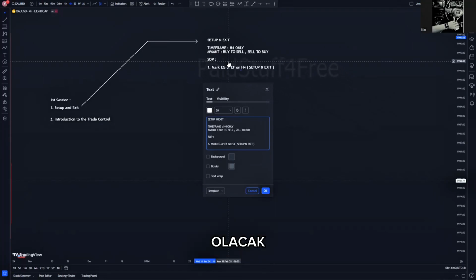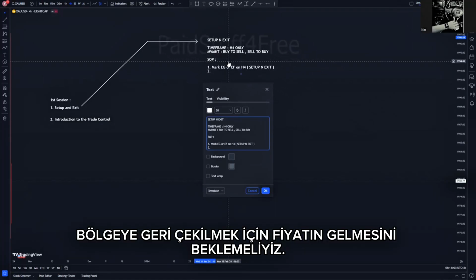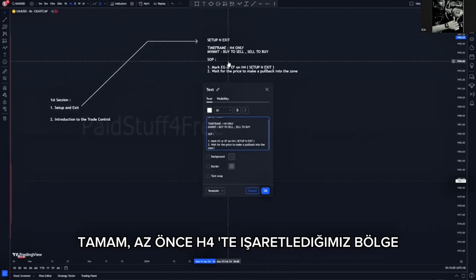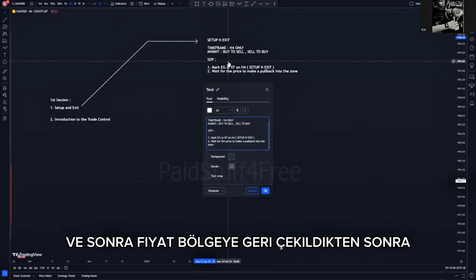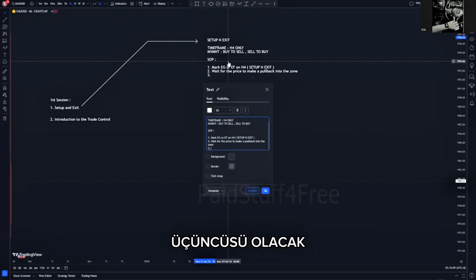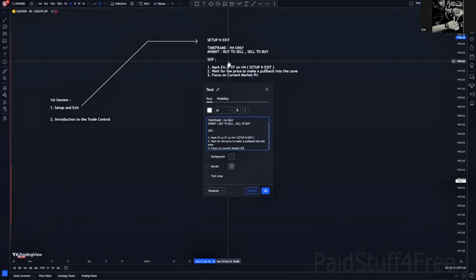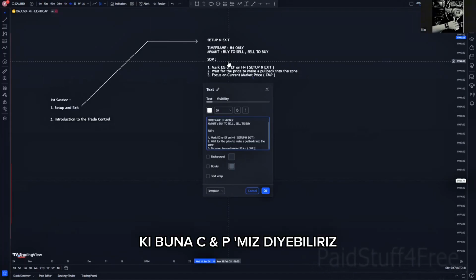And then the second one is that we need to wait for the price to make a pullback into the zone. Which zone are we talking about right now? The zone that we've already marked on the H4 just now. And after the price makes a pullback into the zone, the third one is that we need to focus on the current market price, which we can call our CMP.